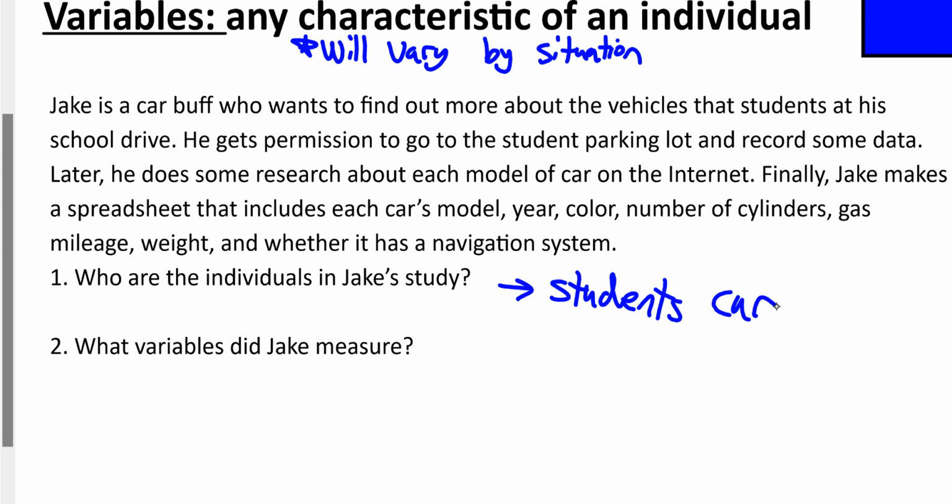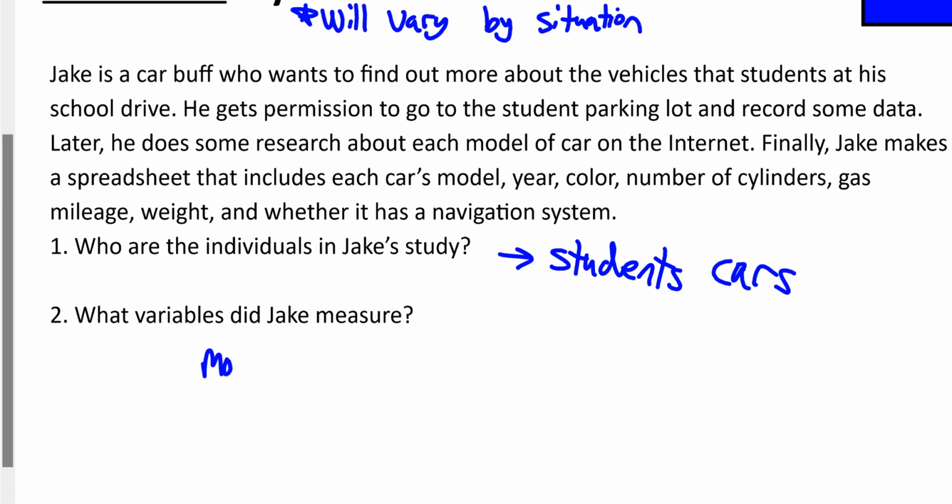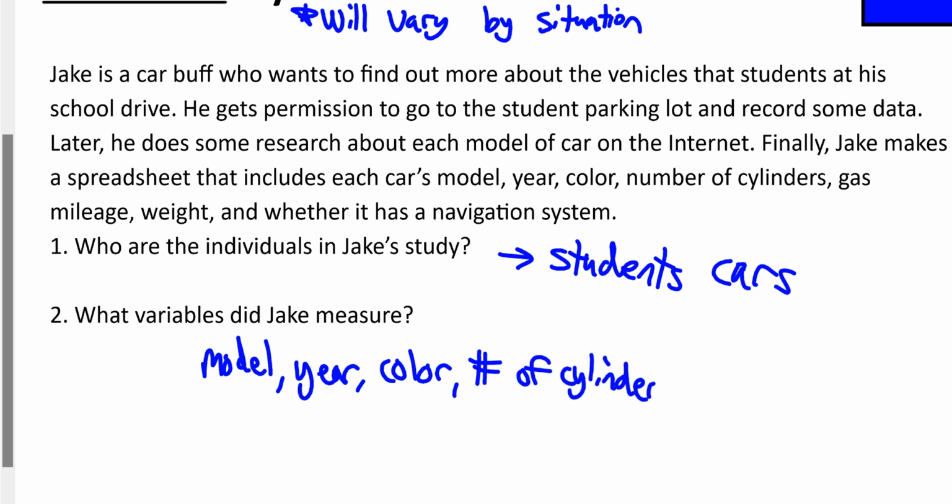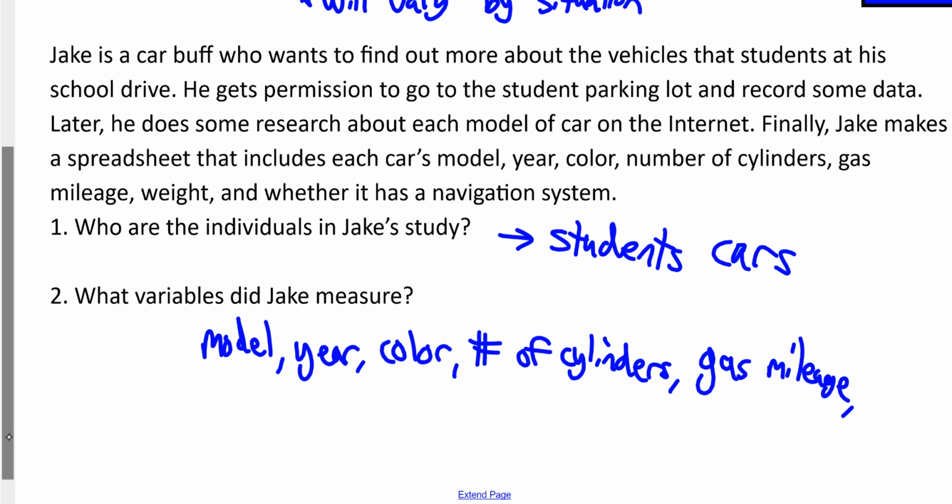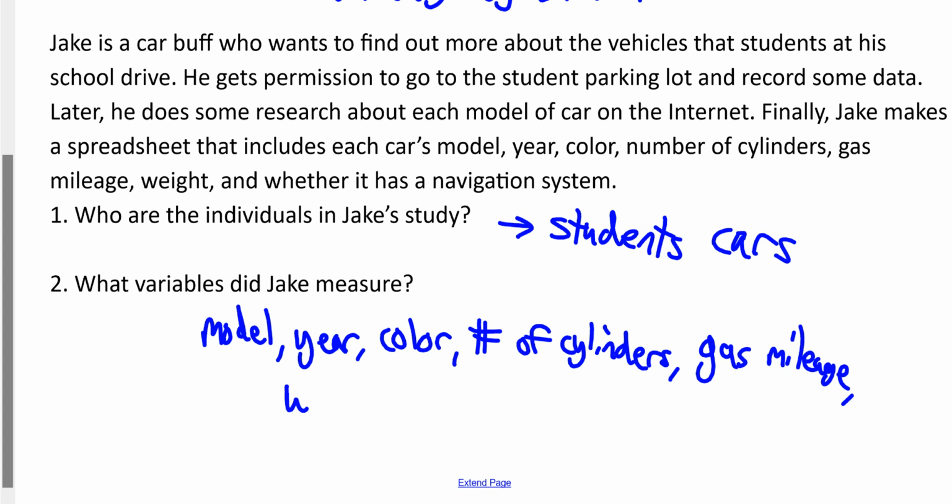If you're not sure, it actually helps to think about what the variables are. The variables would be all of those things that were listed, including the model, the year, the color, the number of cylinders, gas mileage, weight, and navigation system.